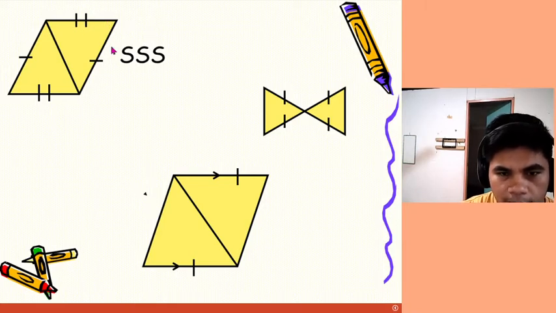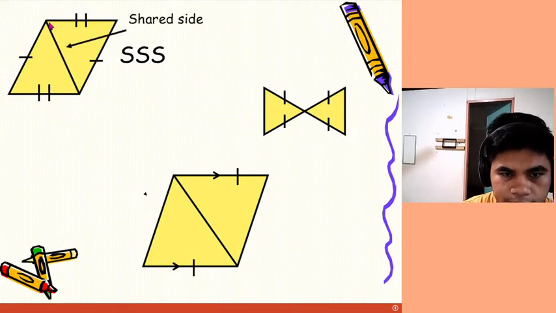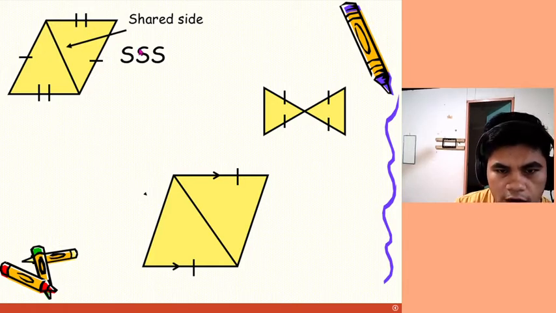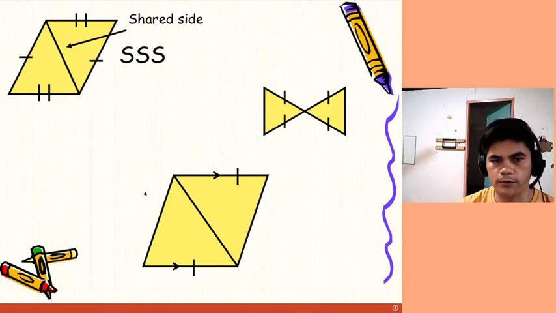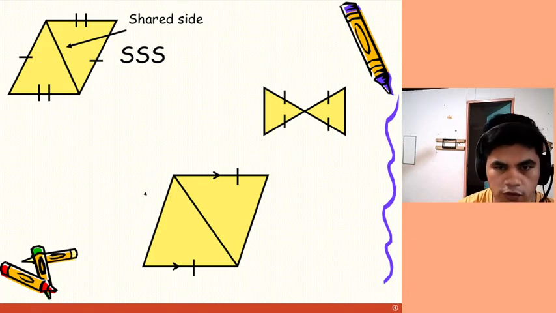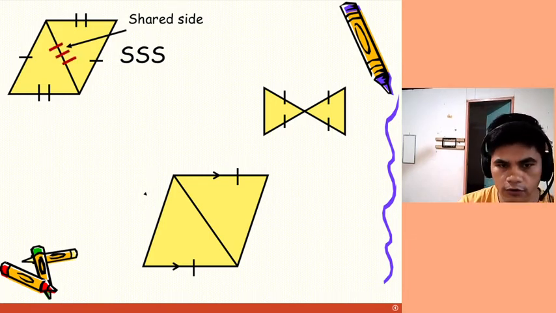That is why, by the SSS property, we can say that these two triangles are congruent, because of the shared common side. This one is the shared side. If we separate these two, we can say they are congruent by the side, side, side postulate: one side, a pair of the next side, then the last side. They have the same measurement in every side of the triangle. So by the SSS postulate, we can say that they are congruent.